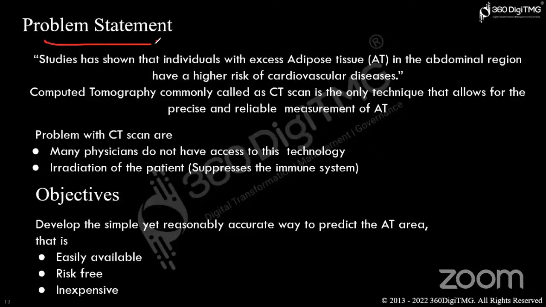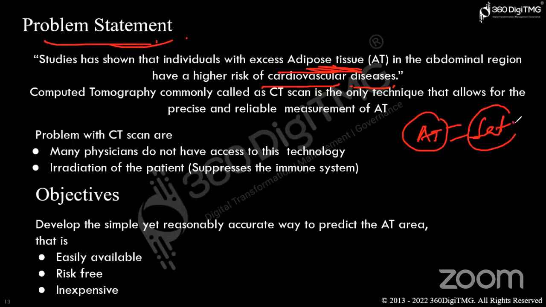The problem statement when it comes to this use case: studies have shown that individuals with excess adipose tissue in the abdominal region have a higher risk of cardiovascular diseases. Adipose tissue is a kind of fat.